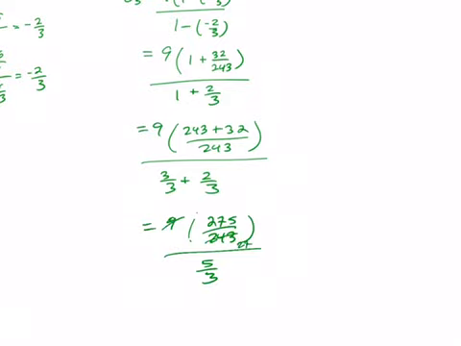So I have, this is the same as 275 over 27 divided by 5 over 3. Right, so 275 over 27 times 3 over 5.